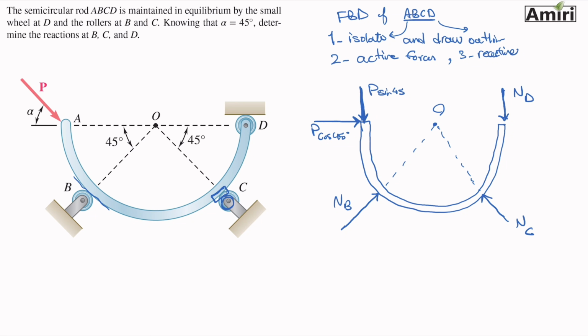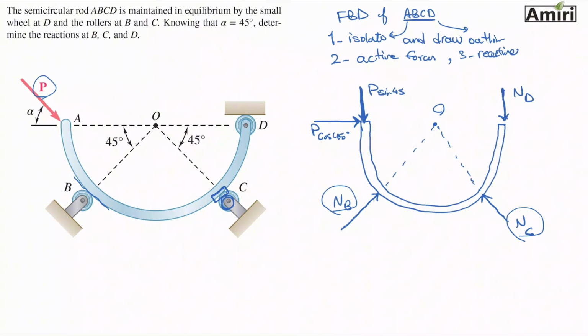Next step is to apply three equations of equilibrium and find my unknowns. I have three unknowns. P is one of them, NB and NC. It looks like I have two forces, P sine 45 and P cosine 45, but only the P is unknown here.